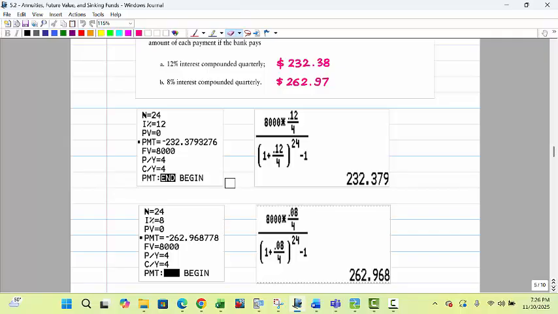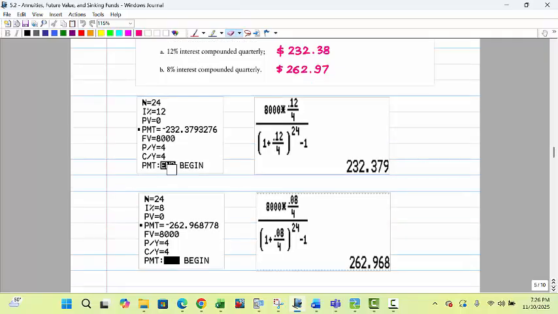We'll see how it's worded differently for the other situation when we reach it. So you choose end, and the only difference between these two is the interest has changed from 0.12 to 0.08. Still 24 periods, so interest now 8%. So you get $262.97 would be the required payment if the interest is 8%.